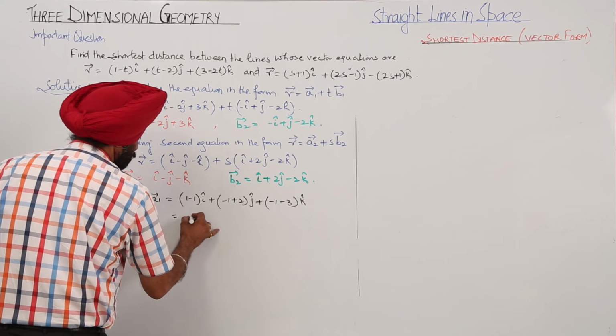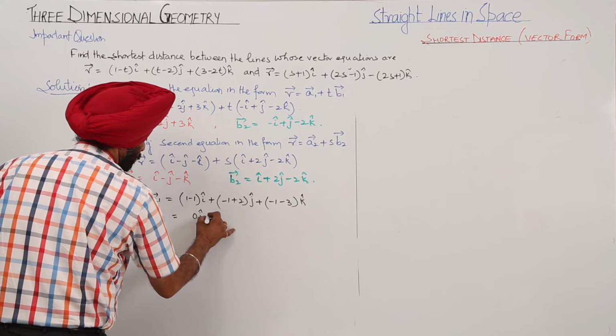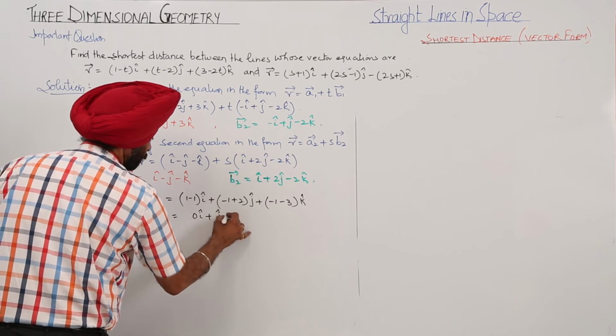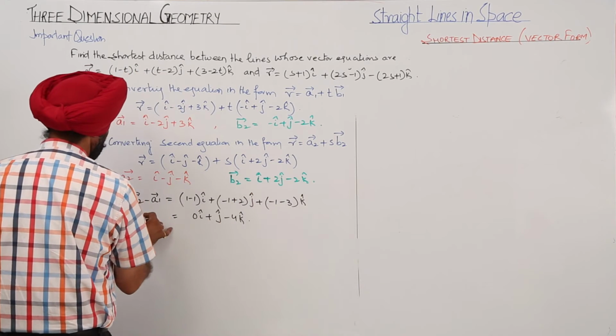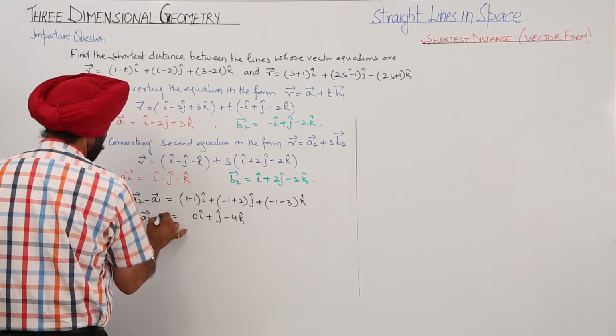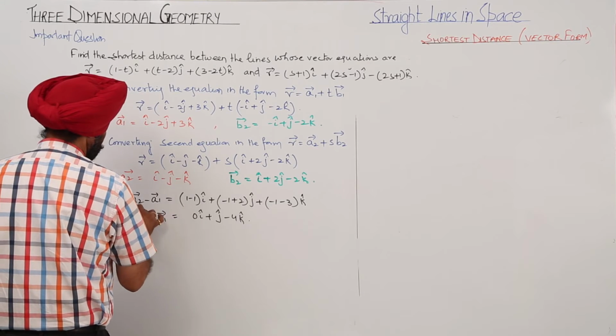So this is equal to 0 i cap plus j cap minus 4 k cap, a2 minus a1.